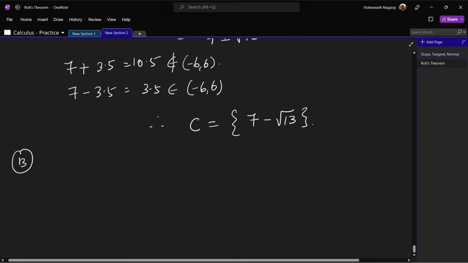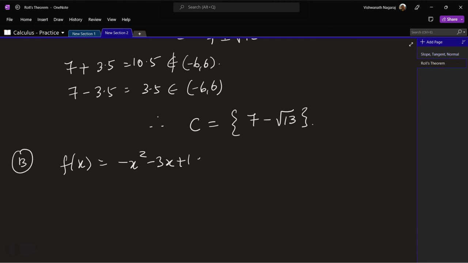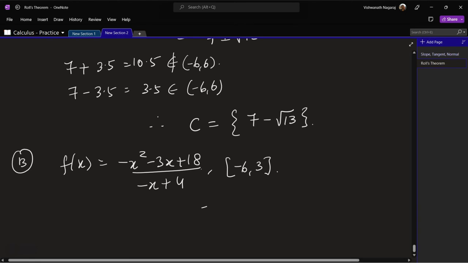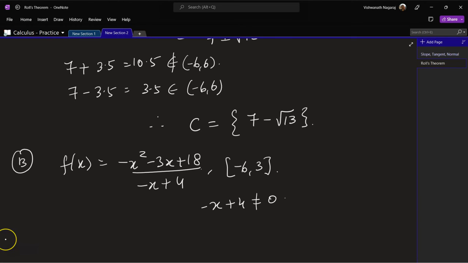13th one. F of x is equal to minus x square minus 3x plus 18 divided by minus x plus 4 in the closed interval minus 6 comma 3. Now here the denominator cannot be equal to 0, right?